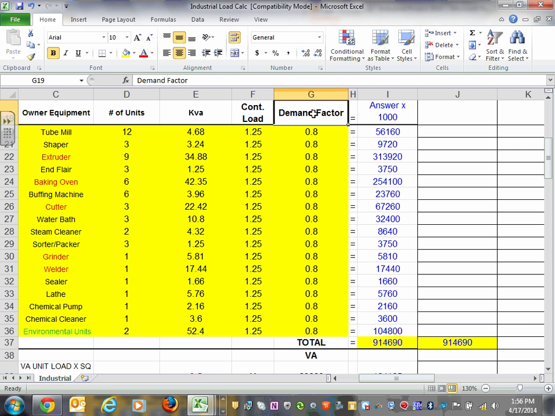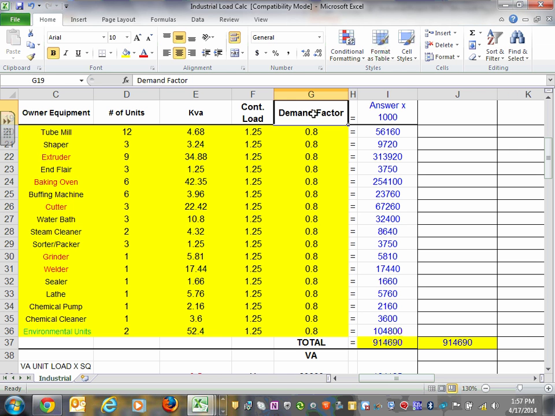There is a demand factor. I call it an engineering factor here. There's a lot of equipment on that manufacturing floor. So you sit with your process engineer and ask, what's the likelihood that all this equipment, count the number of units, is fully engaged at the same time? The non-coincidental load. So I use the factor of non-coincidental load.